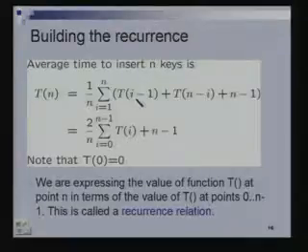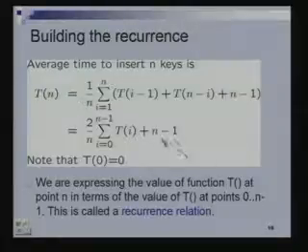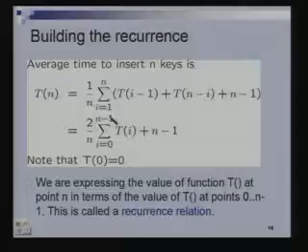So each of the terms will appear twice, so that this part of the sum is 2 times T_i, i going from 0 through n minus 1 now, and this part I have moved out. So, it is n minus 1 added n times, divided by n, so it just becomes n minus 1. This n minus 1 is not multiplied by the 2 by n; this 2 by n only multiplies this part.